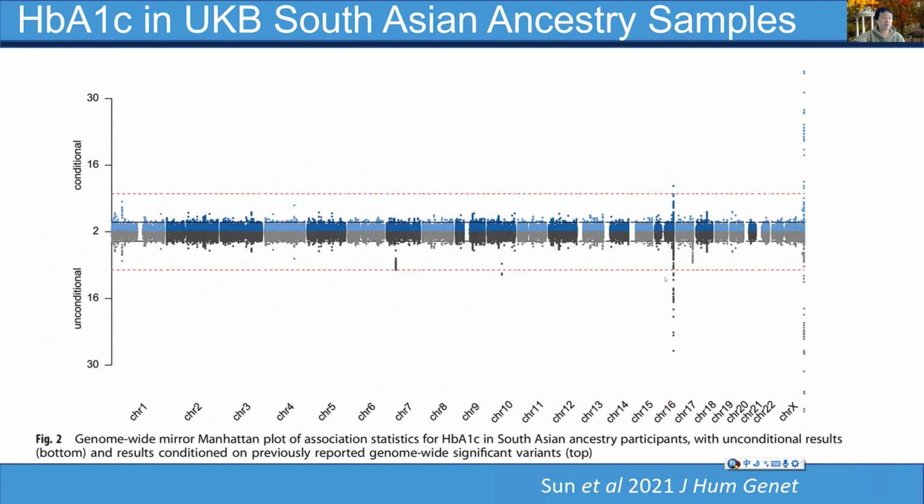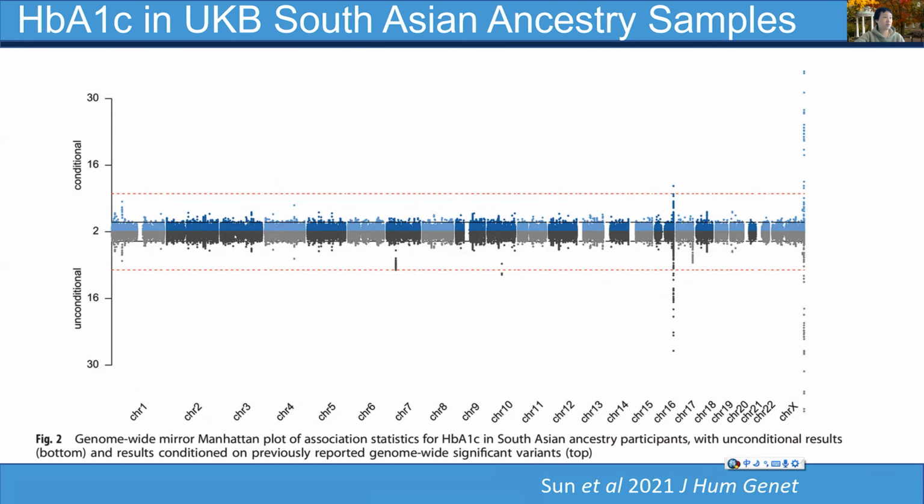I want to show there are several novel findings. I can't remember the exact number, I think 30 or so novel findings that were missed by the much larger European ancestry studies and by other studies reported in the GWAS catalog. But here I'm going to show you one example for hemoglobin A1C in South Asian ancestry participants in the UK Biobank samples.